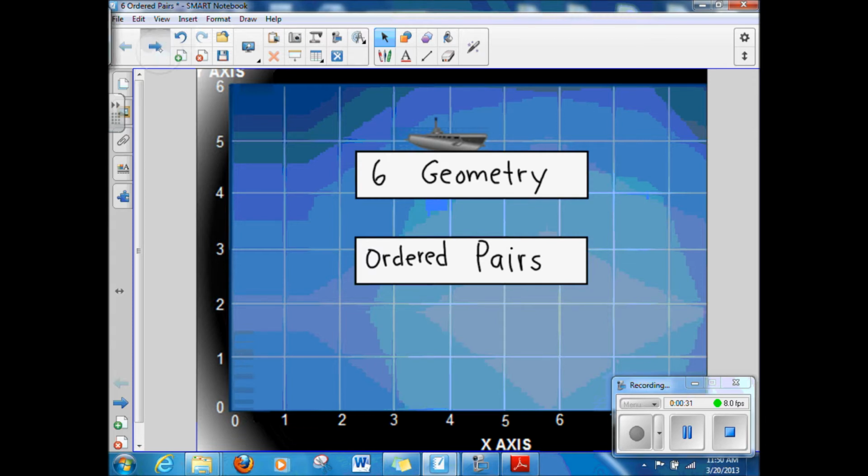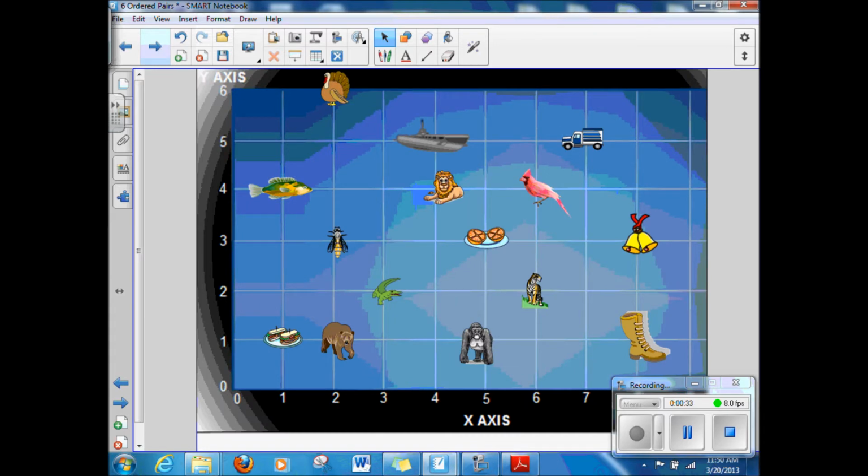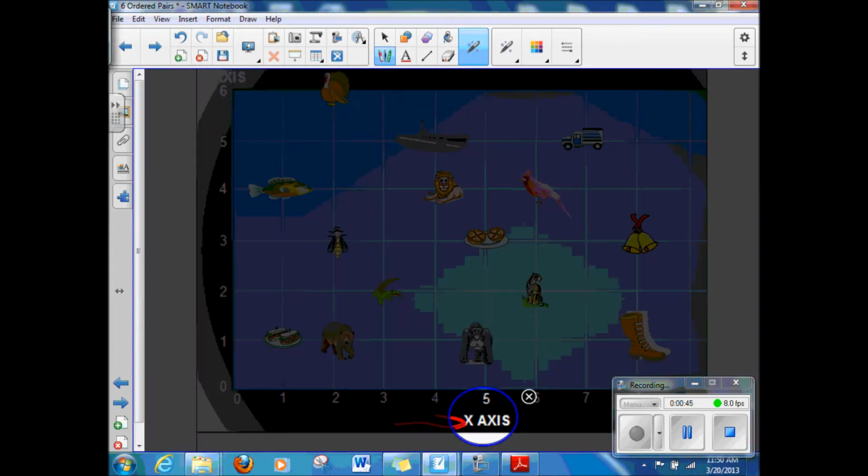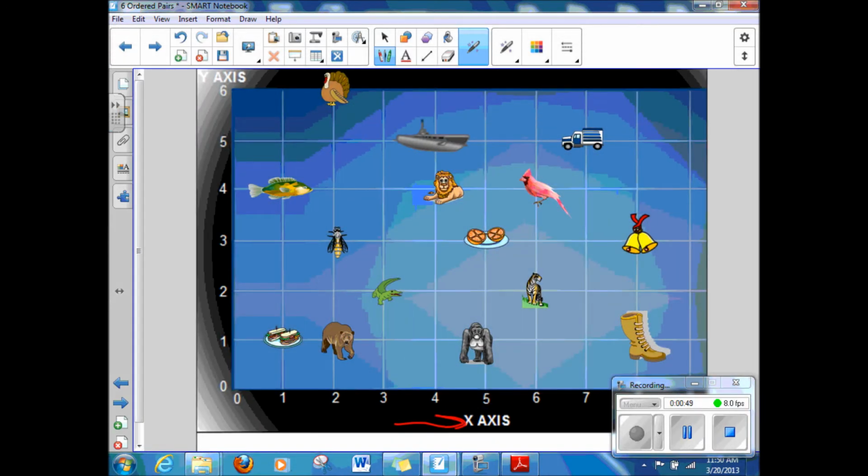Let's go to the next screen. One of the things we want to look at here is what is called the x-axis on the bottom. I've kind of tried to highlight that with red there. I'm going to use my magic pen and see how that goes. The x-axis is on the bottom here, and when we talk about ordered pairs, we're looking at x comes before y.